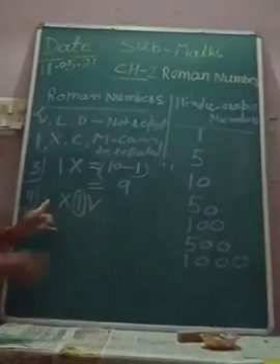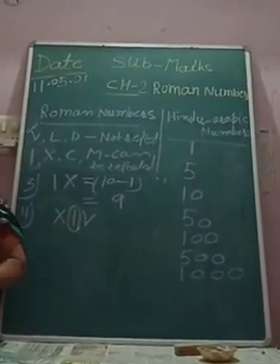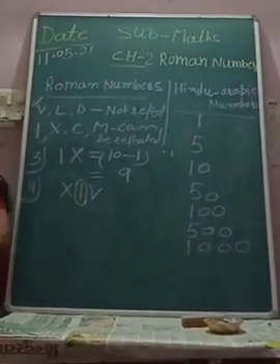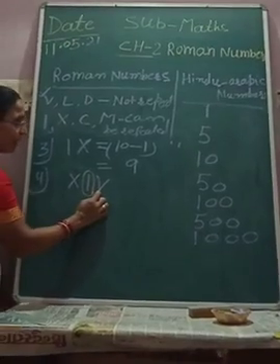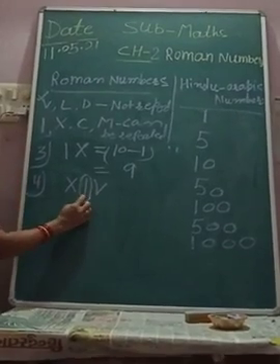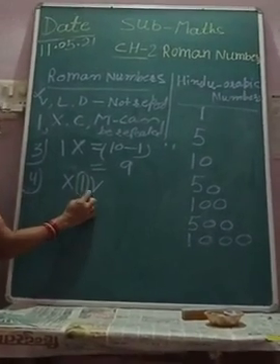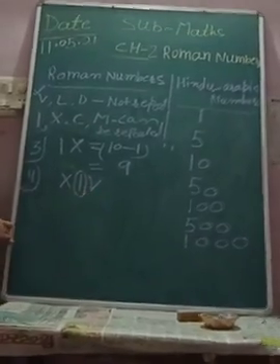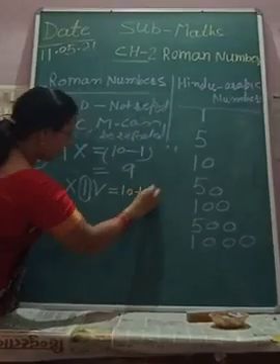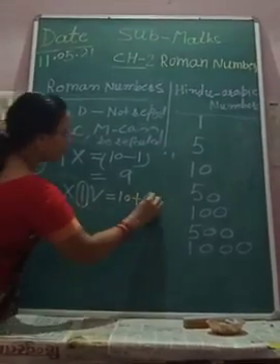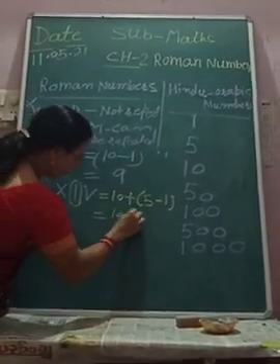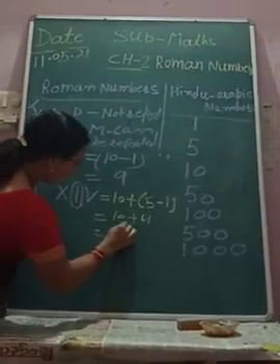So when the lower digit is in between two larger digits, that lower digit will be immediately subtracted from the next larger digit. Now just see, this 1 will be subtracted from 5. So how? See, 10, then it will be 10 plus 4. How will it be 4? Ma'am, because 5 minus 1. So 10 plus 4 is equal to 14.